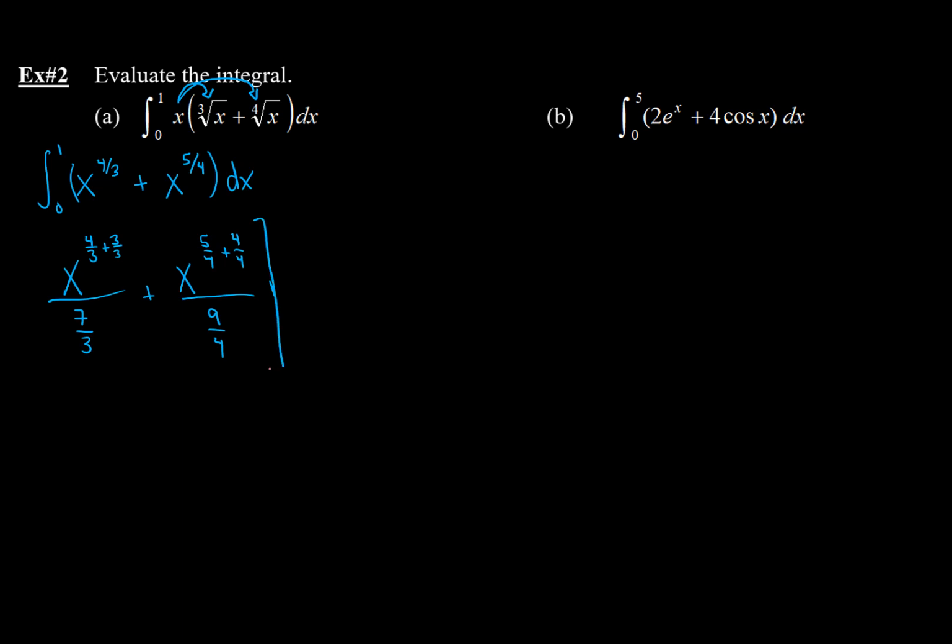And then this one has limits of integration. It's as x goes from 0 to 1. So I'm going to have to simplify and evaluate. So remember, when I divide by a fraction, I'm going to multiply by the reciprocal.